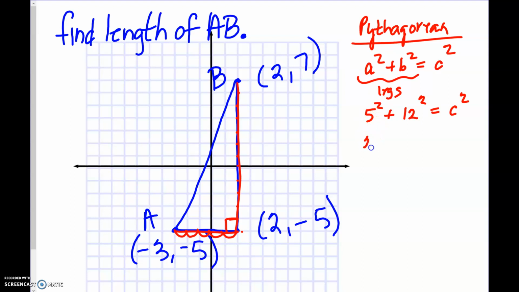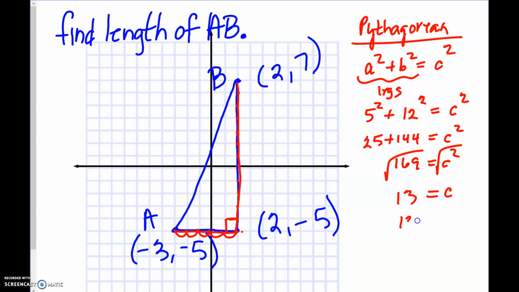So we've got 25 plus 144 equals c squared, so 169 equals c squared. We take the square root of both sides, and c is 13. Now c represents the length from point A to point B, so the length of AB is 13 units.